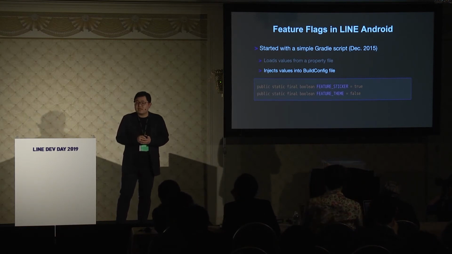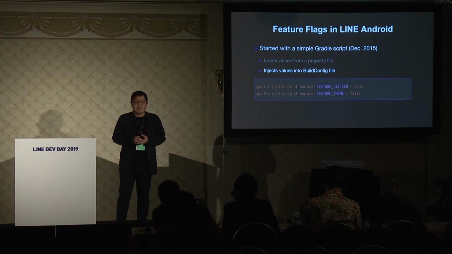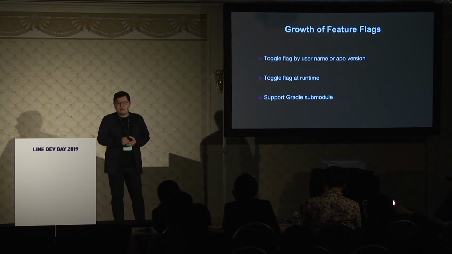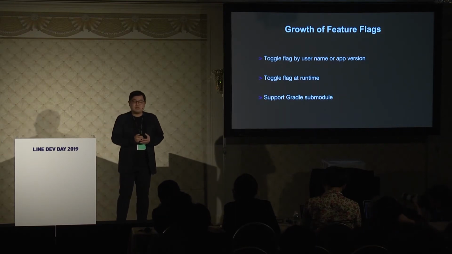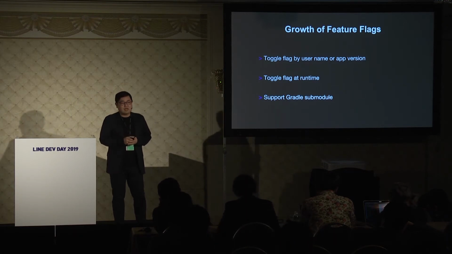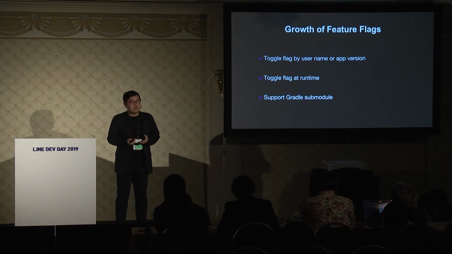And from the Android Gradle plugin, you can write in the value from the script so that you can make a reference to that from the source code. So this simple script feature is expanding. It becomes more flexible, and then you can specify the feature flag value for your convenience.